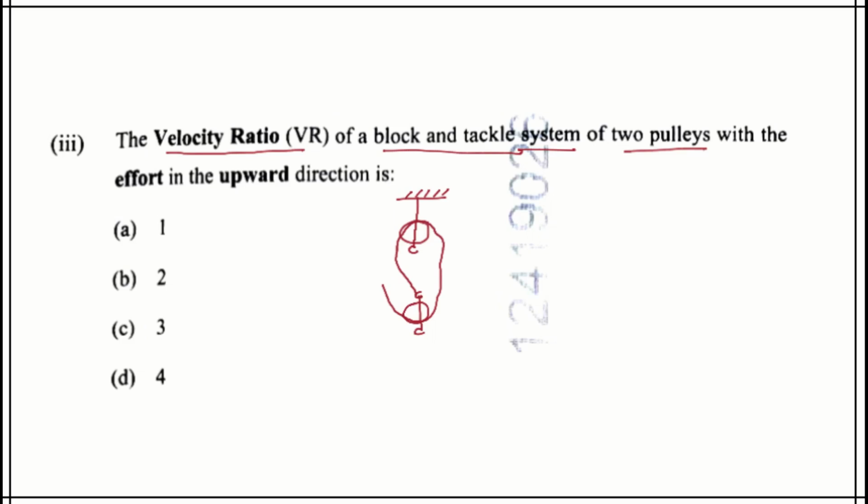So in this case, the number of tensions will be 1, 2, and here 3, which will be supporting our load downward. So L equals 3T, and on the other hand, the effort in the upward direction will be balanced by a tension force.